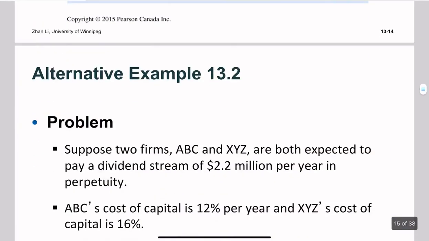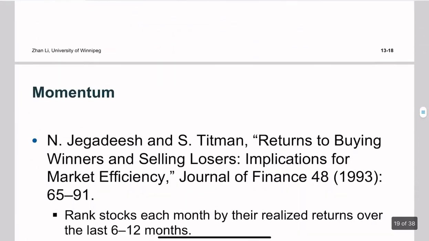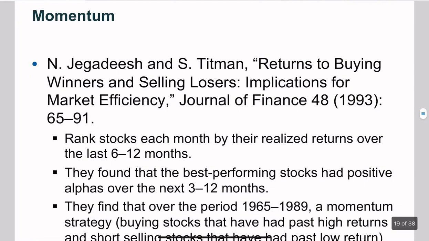So today we would continue to look at the third effect, which is the momentum effect. According to research, if you compare these three effects, momentum effect is actually more universal and it's a stronger effect. So this is a paper by Jegadeesh and Titman in 1993.